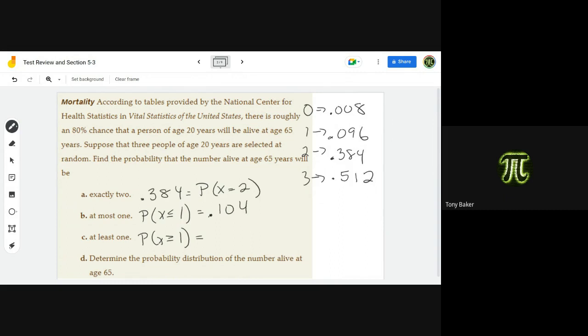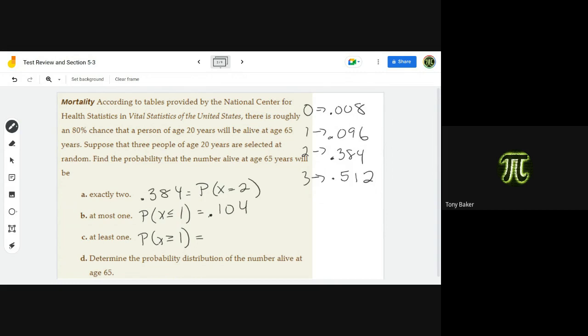Is there another way I could have done it? You didn't have to add them all together. Subtract 0. What's the total? 1. So I could have just done 1 minus 0.008, the whole minus the 0. That would have given you the exact same thing. Either one is going to give you the same answer.